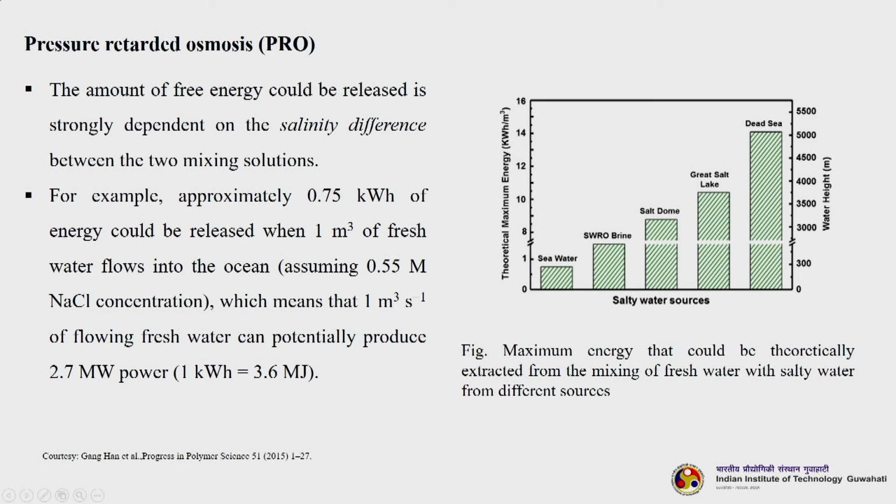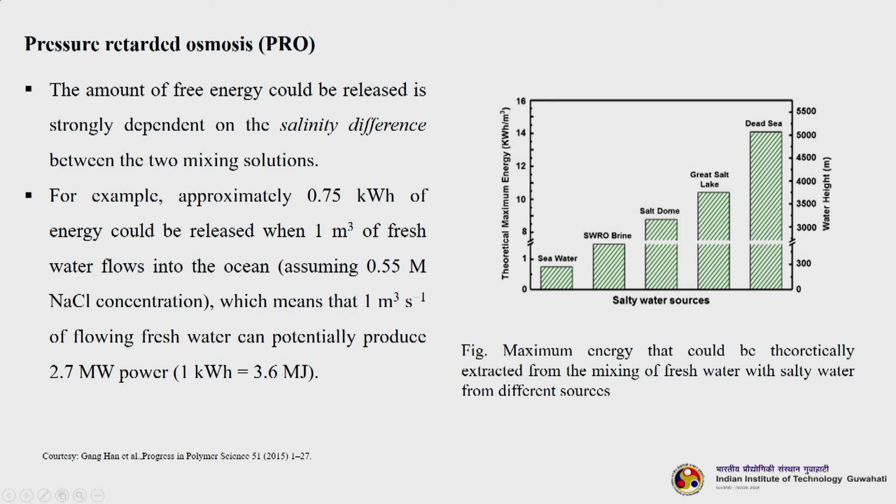You can see in this scheme figure that the amount of free energy that could be released is strongly dependent on the salinity difference between the two mixing solutions. So, what is the concentration of the salt inside the seawater or the concentrated solution, and what is the salt concentration in the fresh water?